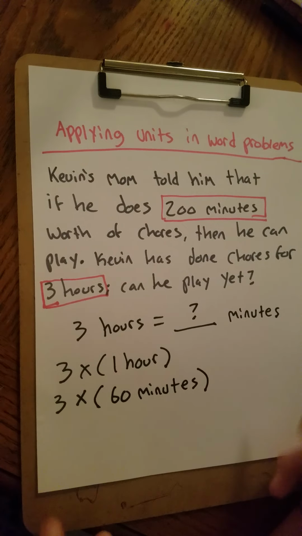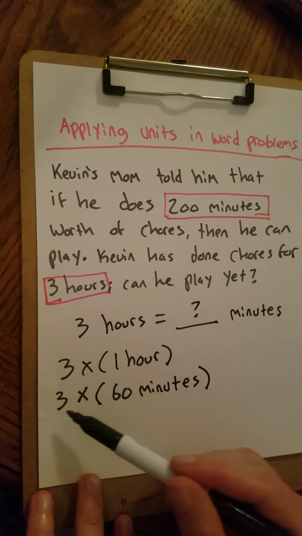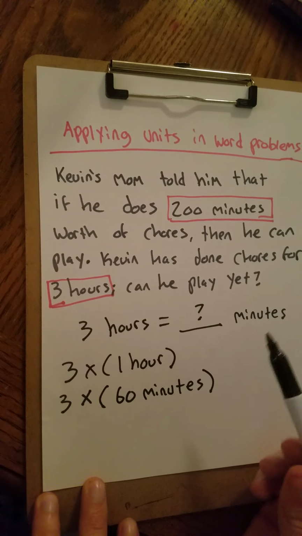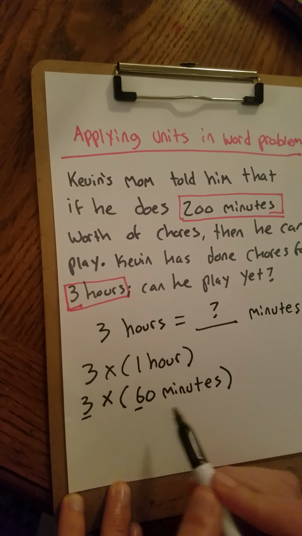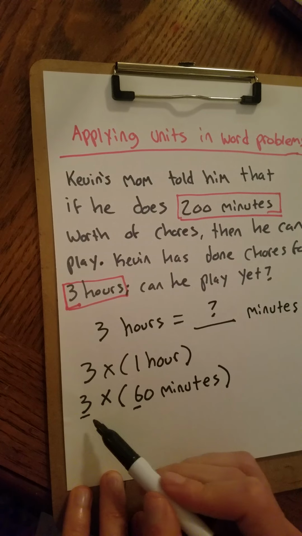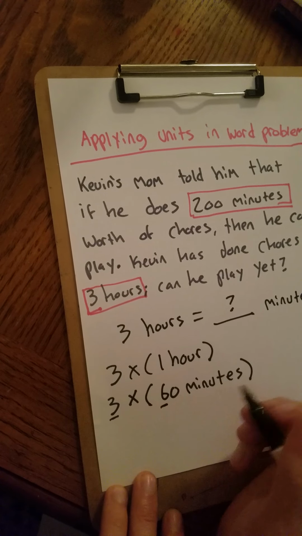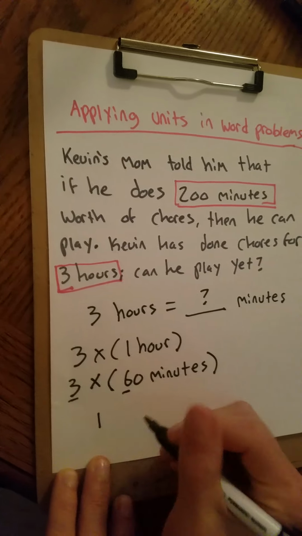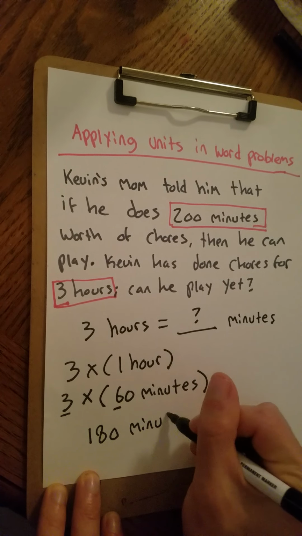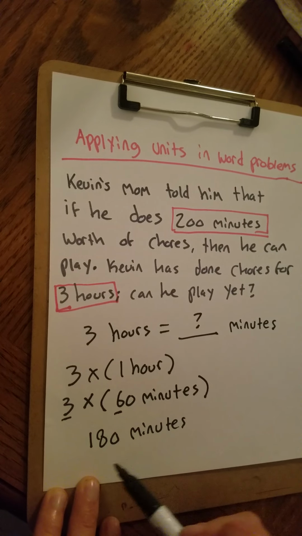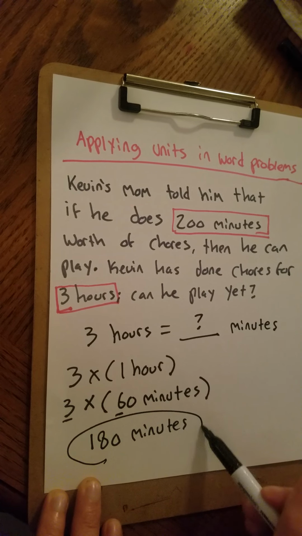Now I'm going to multiply to find out how many minutes are in 3 hours. Multiply 3 times 60. I'm going to multiply my non-zero numbers. 3 times 6 equals 18. Tack on the 0. Gives me my answer. 3 hours equals 180 minutes.